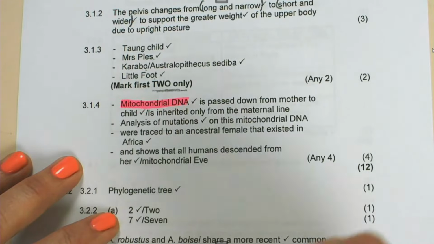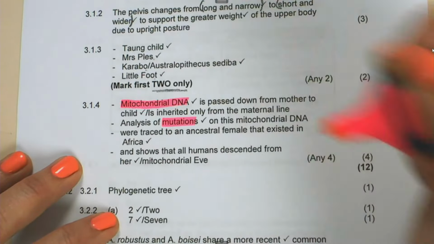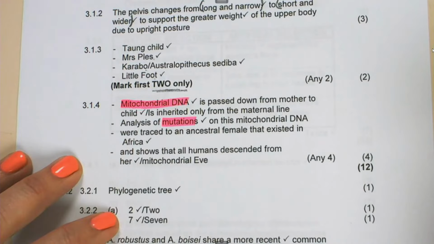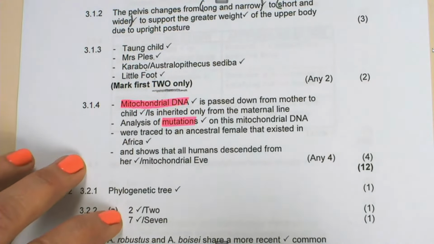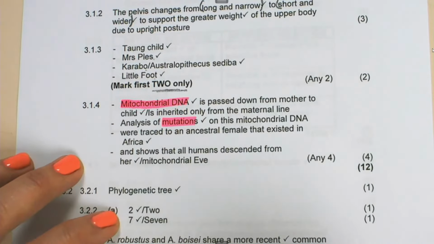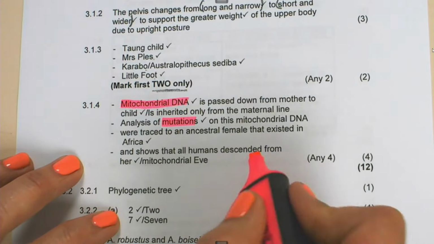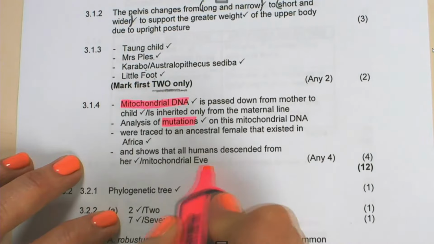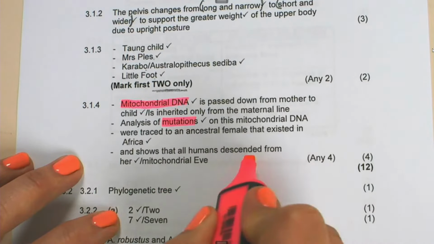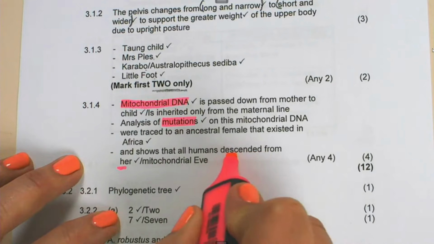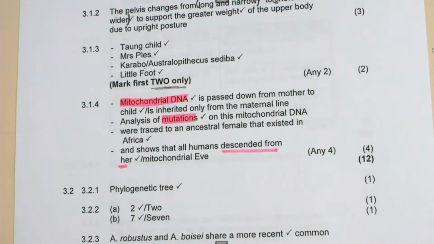Analyzed, they have mutations on them. And these mutations sometimes act as markers. And these markers we can trace back to Mother Eve, or back to the mother from which we descend.